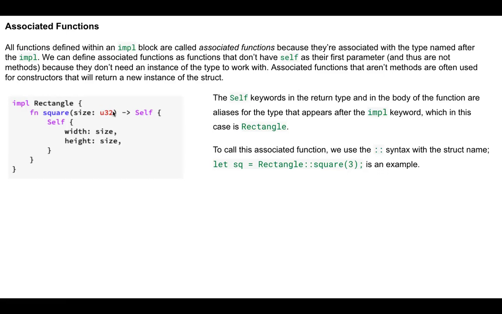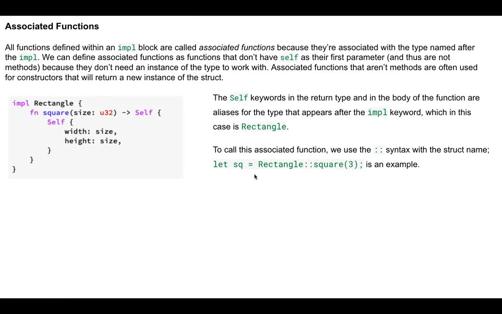For example, here it returns a Self. For this function, you pass the parameter, the size, because it's a square, so width and height are the same. Whatever value you pass, it will construct an instance of Self and return it. So you're constructing a rectangle with width and height the same as what you passed.